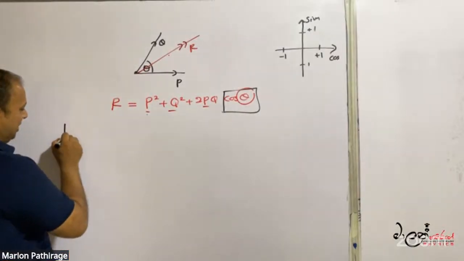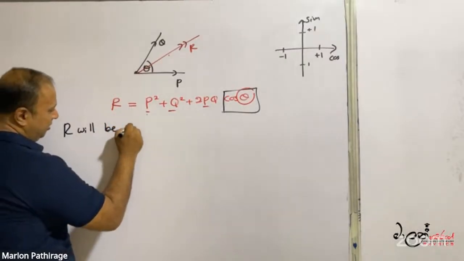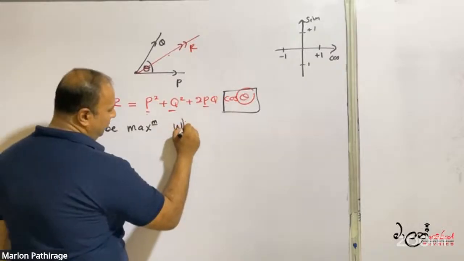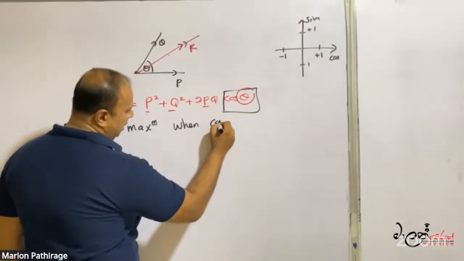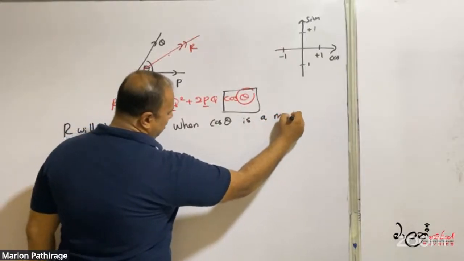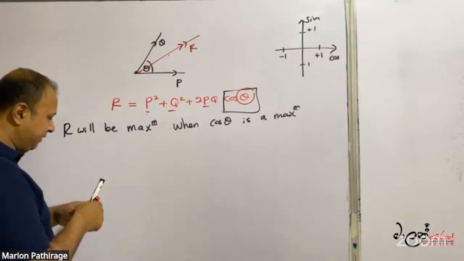Therefore, R will be maximum when cos theta is a maximum. So, what is the maximum cos theta value?